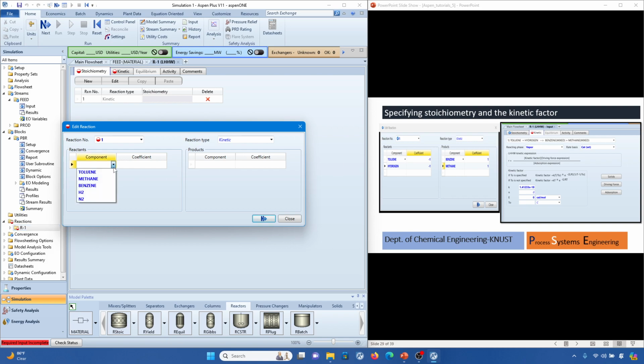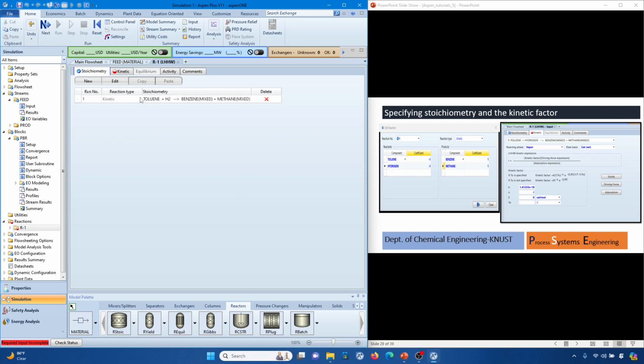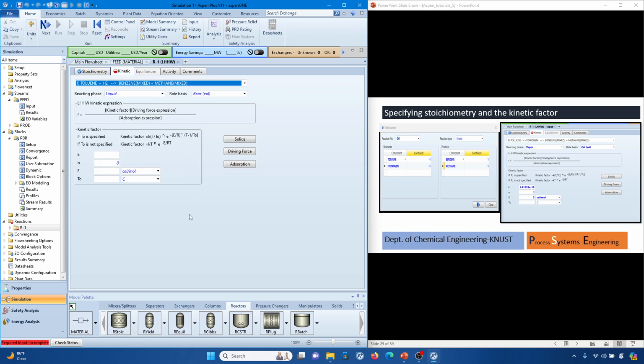So we have toluene and hydrogen. So this is where things really start to change.